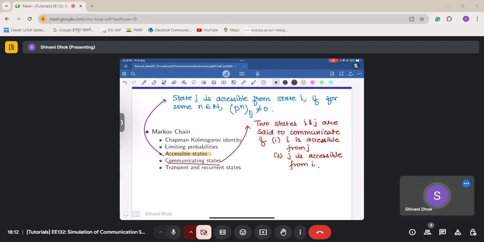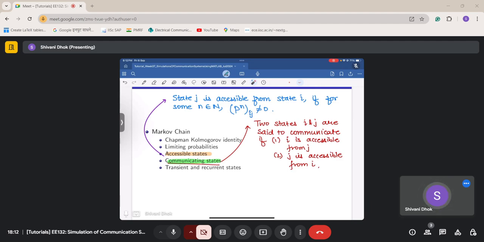At a particular time instant, the nth power of the probability transition matrix has its (i, j)th entry non-zero.